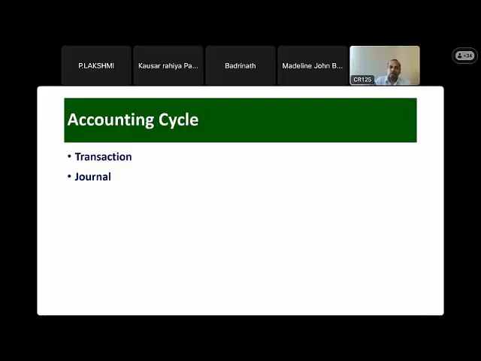I saw in the poll that many of you have a very good idea about the journal process. A journal is debit and credit, which we put in different segments. Once your journal is ready, then you have to post into the ledgers. That means for each and every account you have to create a ledger and post it.